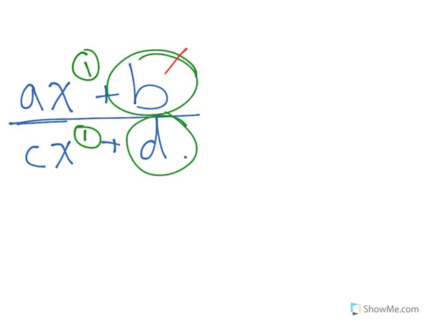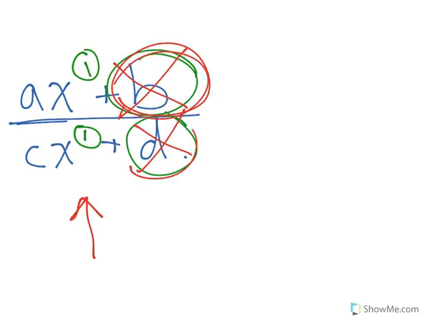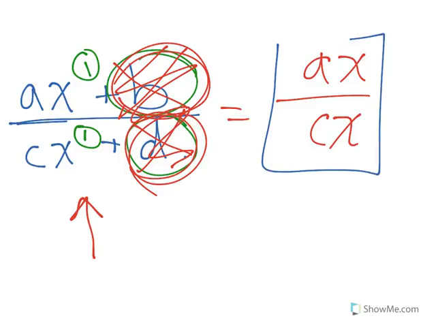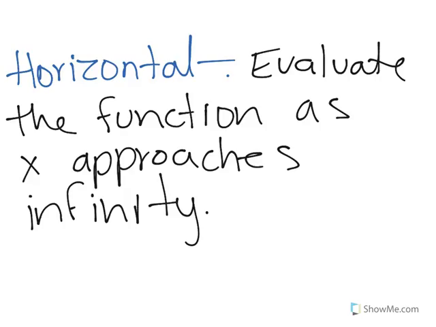You could actually get rid of these constant terms, because as x gets bigger and bigger and bigger, regardless of the value of b and d, x will overwhelm the result, and you would not care about the contribution of the constant terms, and you will be left with ax over cx.